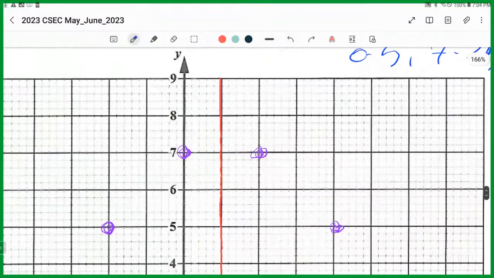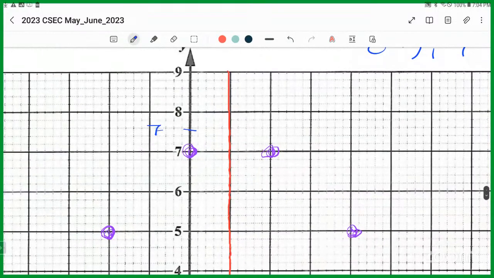Let's estimate 7.25. The scale here says 7.5, so 7.25 is about here. That's where the vertex point is. If the examiner expects you to do that and you don't, you're going to lose marks.